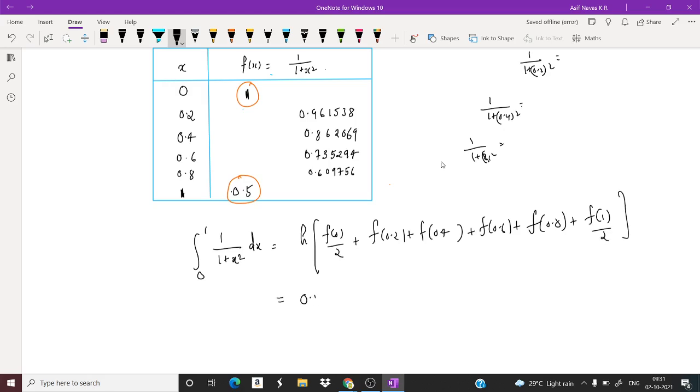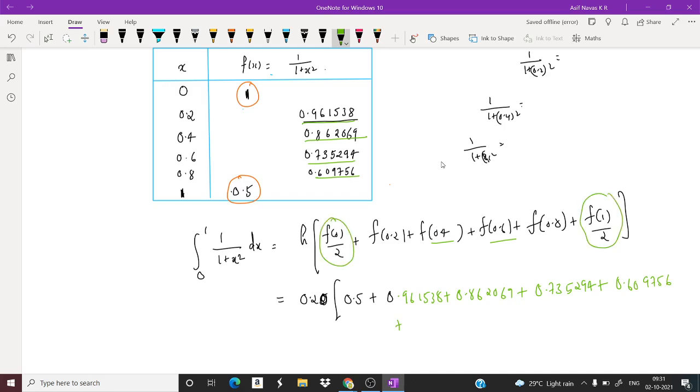So this is 0.2 into 1 by 2, that is 0.5, plus, now we will write this 0.961538 plus this 0.862069 plus this 0.735294 plus this 0.609756 plus f of 1 by 2.